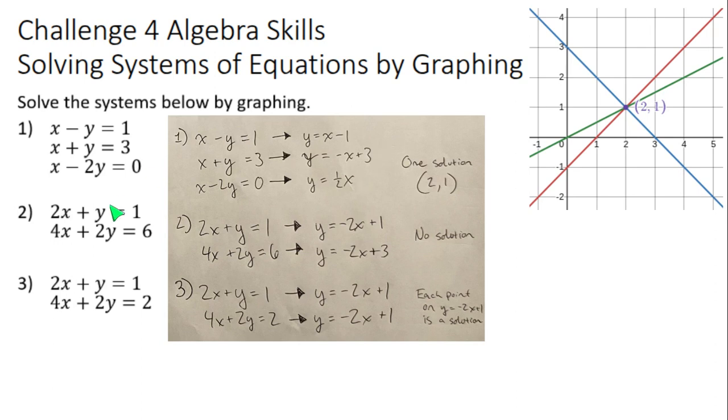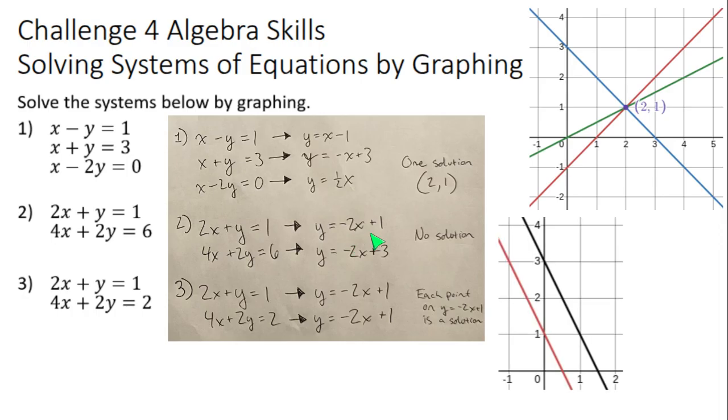Now let's look at problem number 2. Again, the first thing I'm going to do is take these equations and solve for y. Get y on one side and everything else on the other. So, let's look at how these would graph. They have the same slope, but they have different y-intercepts.